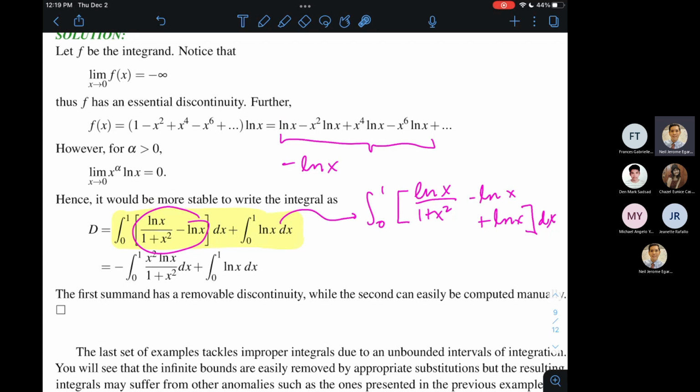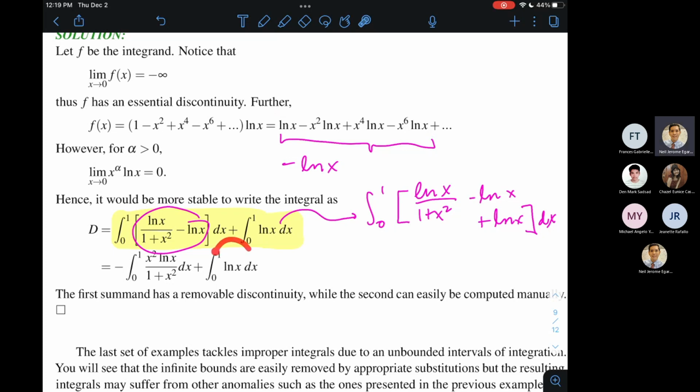Kasi nga ang series expansion nitong bagong integrand na to ay negative x squared ln x plus x to the fourth ln x minus x to the sixth ln x and so on. So nawala na yung nagpa-infinite dun sa limit niya. So dito, pwede kong gawin na lamang yung technique na natutunan natin before on how to deal with those with removable discontinuities. Okay?